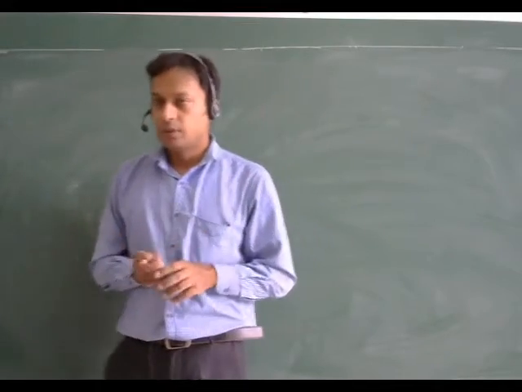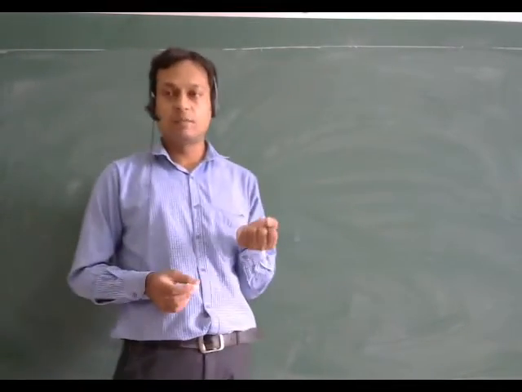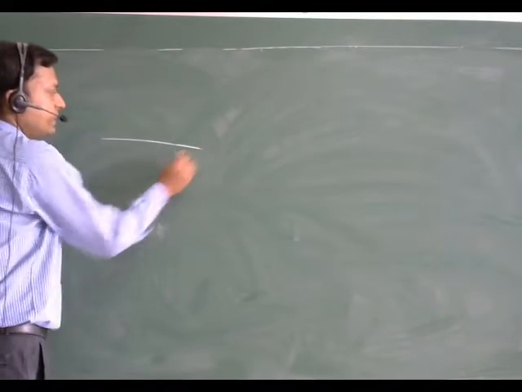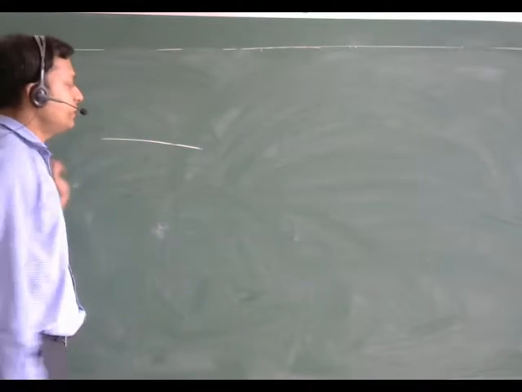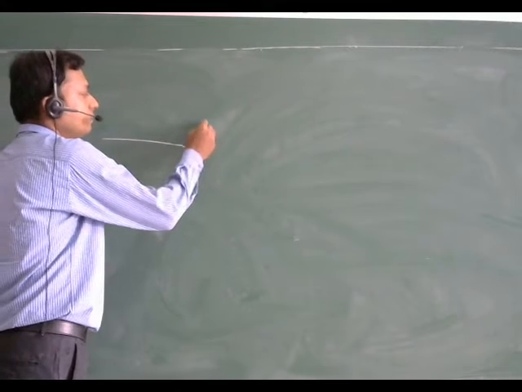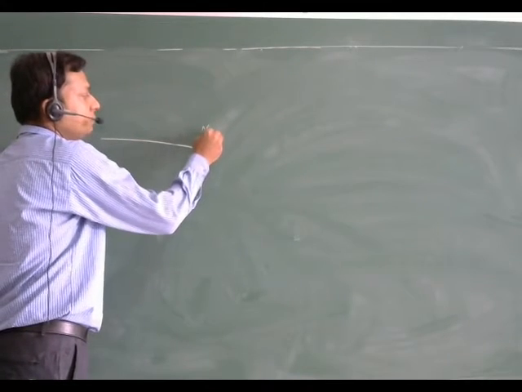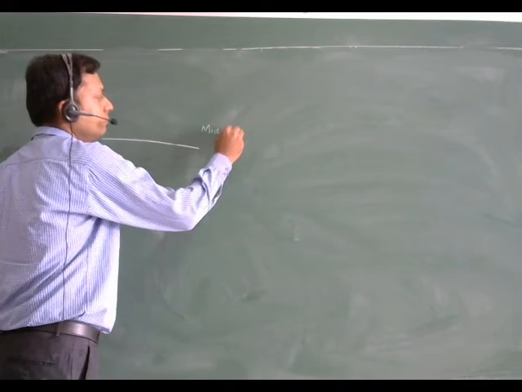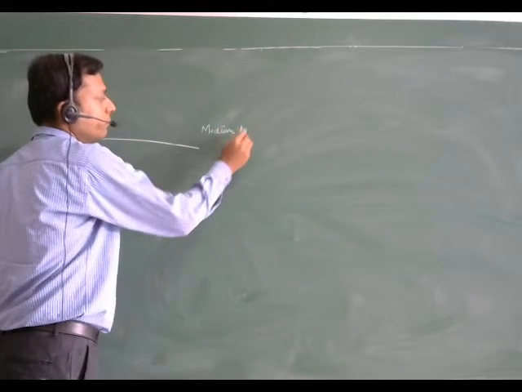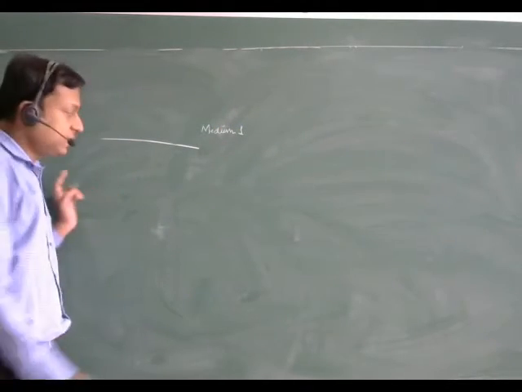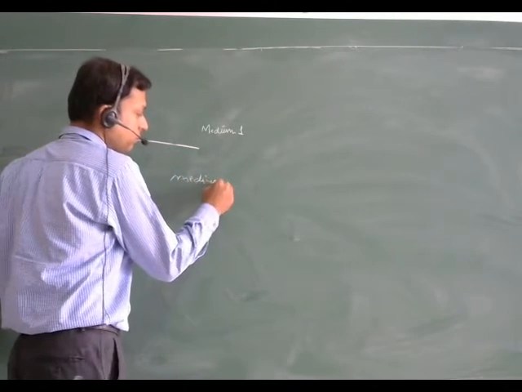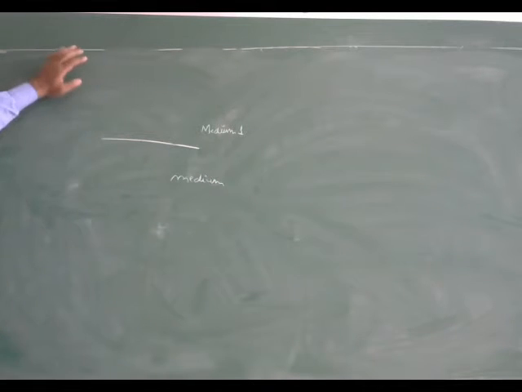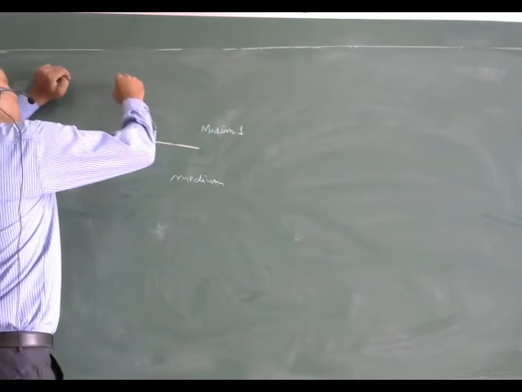Suppose you have an electric wave which is traveling across a boundary between two media. Suppose this is a medium of free space, air. This is medium 1, and this is medium 2. Now let there be an electromagnetic wave.